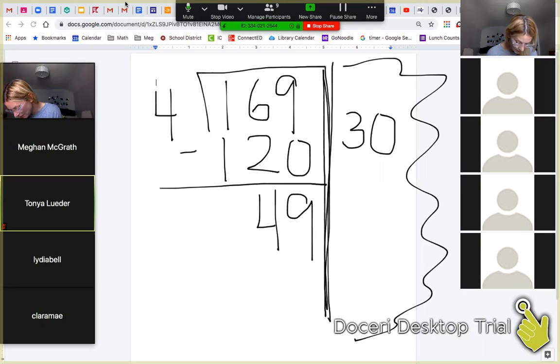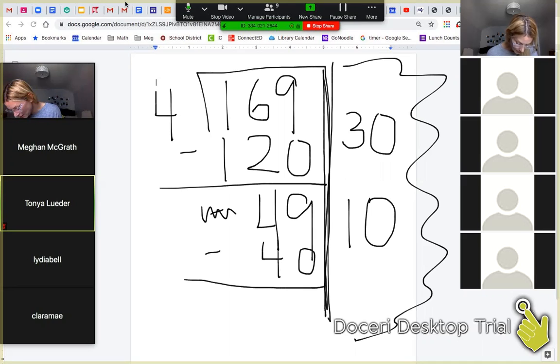So 4 times 10 is 40. So here you're going to subtract. Oops, sometimes I accidentally make 2 subtraction signs. 9 minus 0 is 9. Okay, so I can't do 10 because that's 40, that's crazy. But I could do one group of 4, right? Oh no, I could do 2. 4 times 2 is 8.